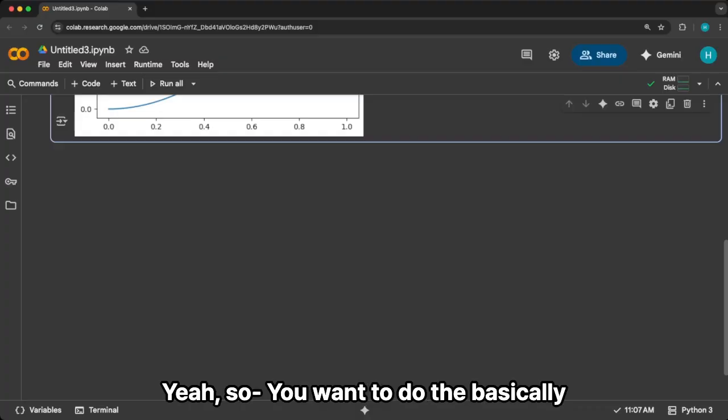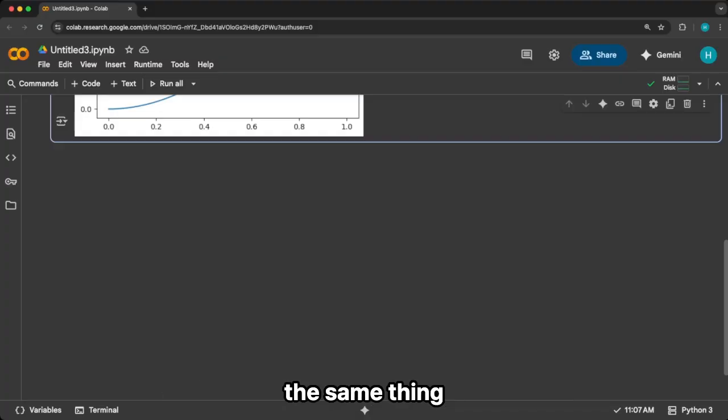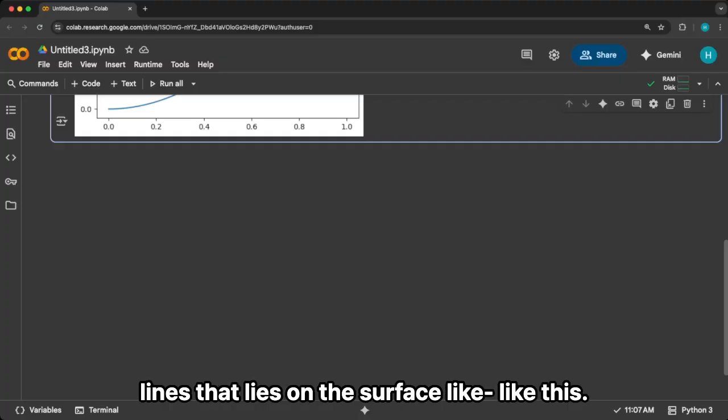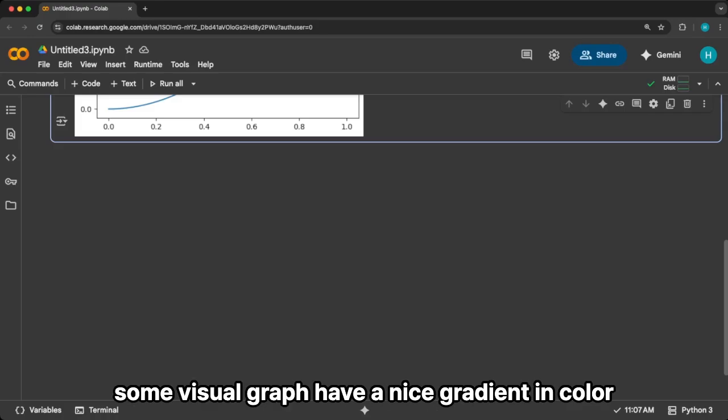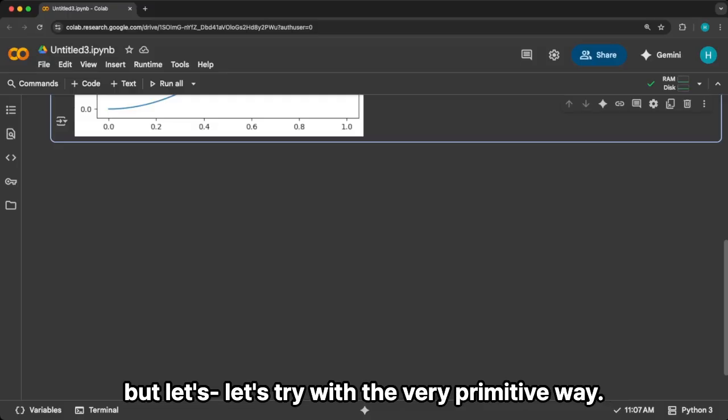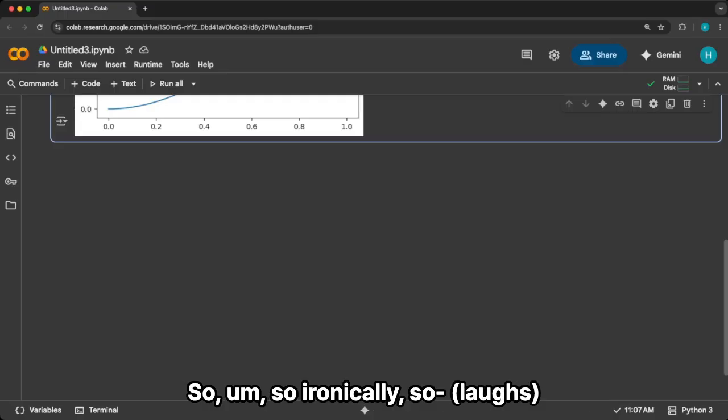Yes. So you want to do basically the same thing here as in the single variable case. You want to draw the lines that lie on the surface, like this. Some visual graphs have a nice gradient in color, but let's try with the very primitive way.